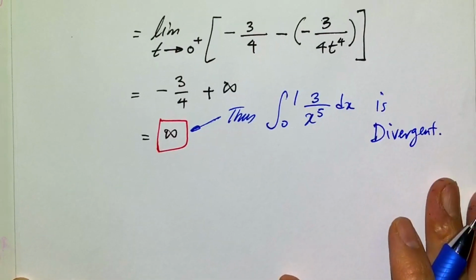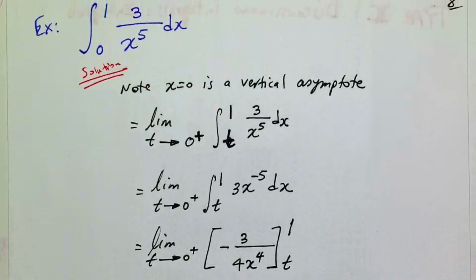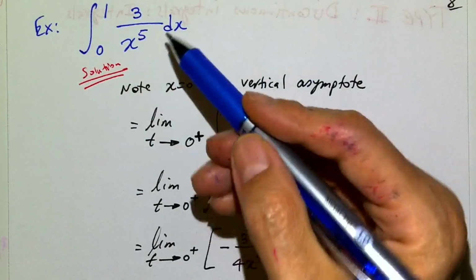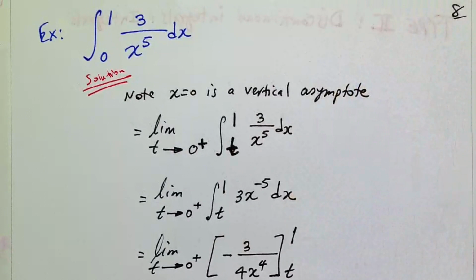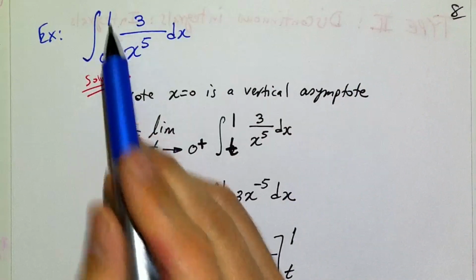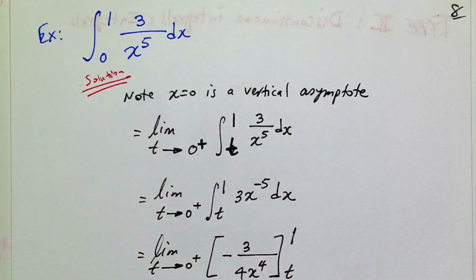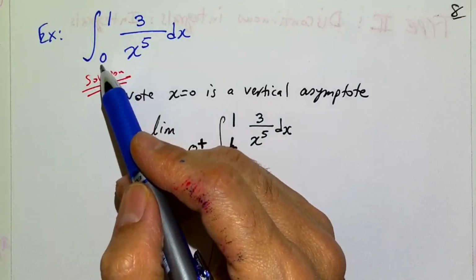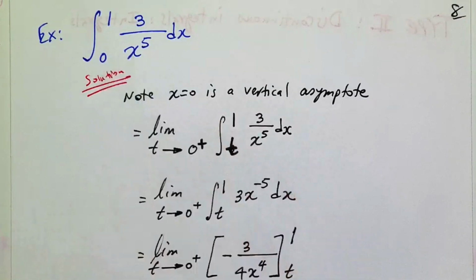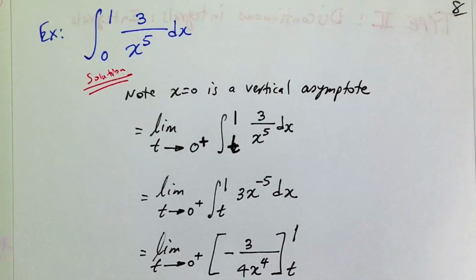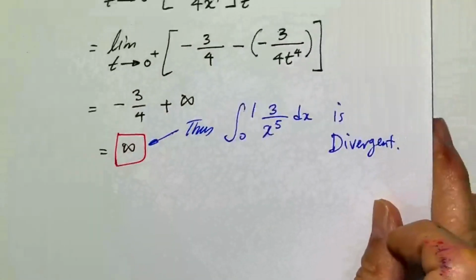That means there is no solution, because the area under this curve is just getting bigger and bigger as we go from 0 to 1, because on the left boundary, the curve has a vertical asymptote. All right.